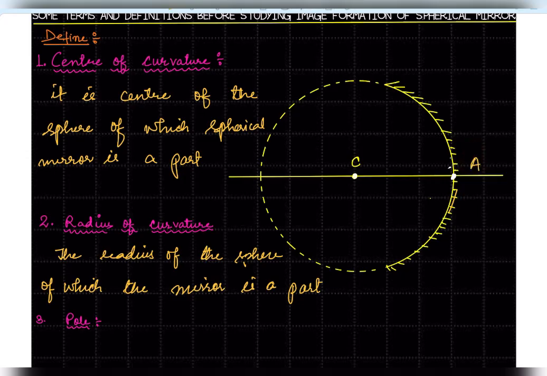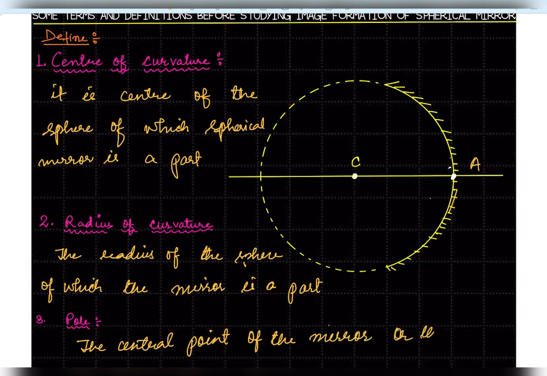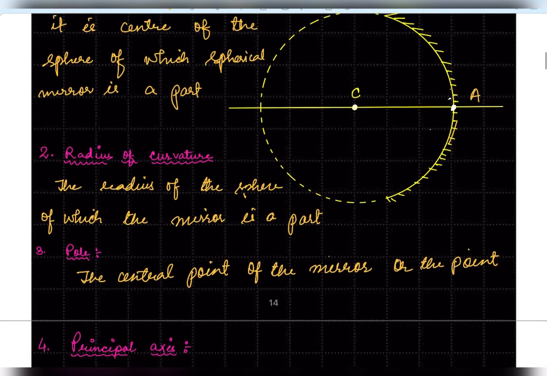So what is pole? Pole is the central point of the mirror, or the point on the mirror directly facing the object.